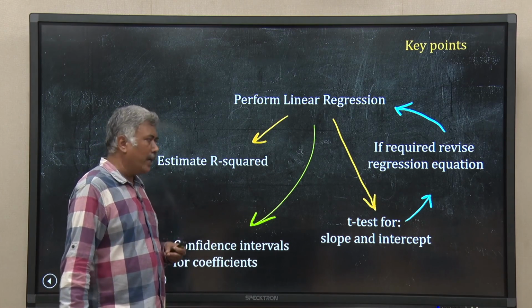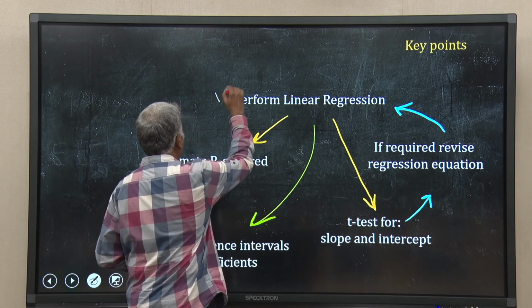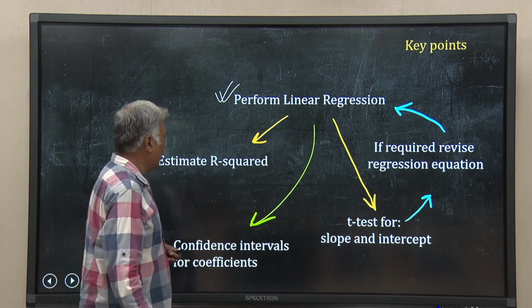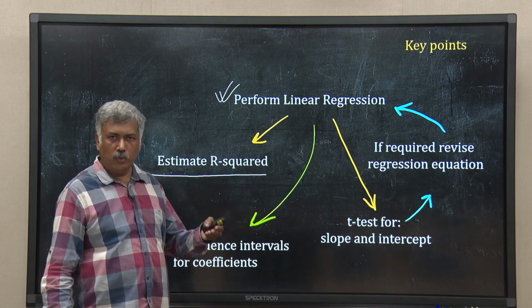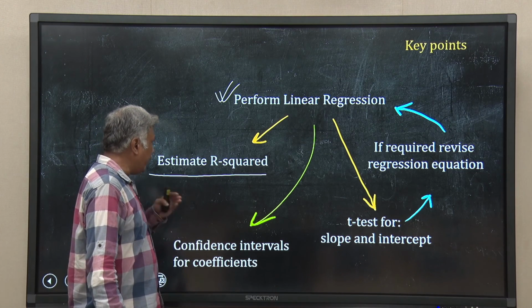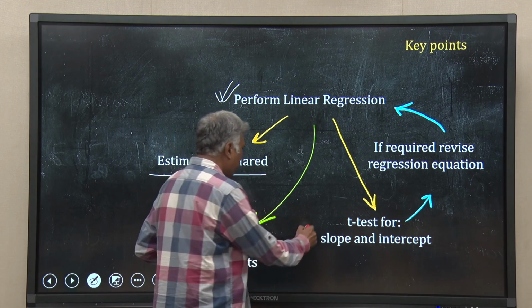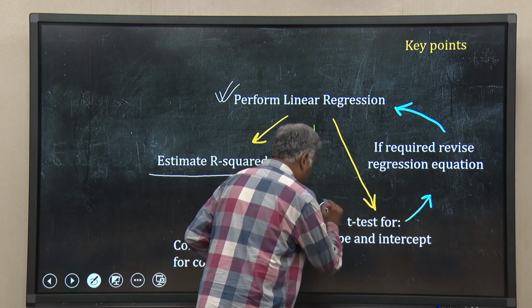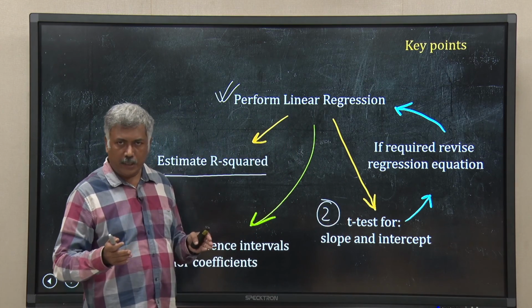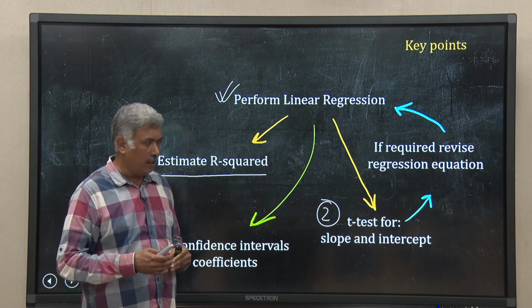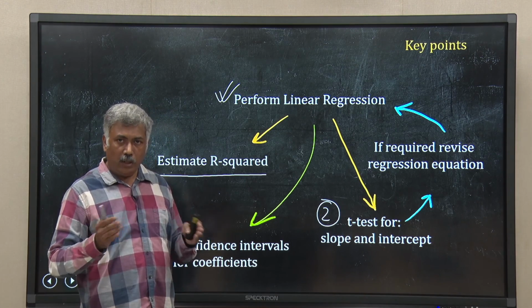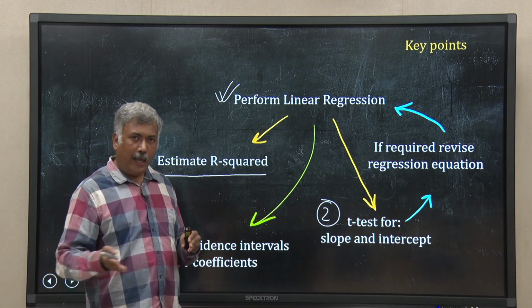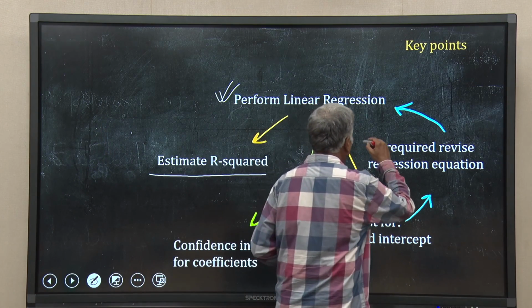So, how will we start? You should always start by performing the linear regression. Then you check the R squared. The R squared should be close to 1. If you are happy, then you go for the test of significance for the slope and intercept, that is, the regression coefficients. If your t test does not pass for any of these, you remove that term, and if required you redo the regression.